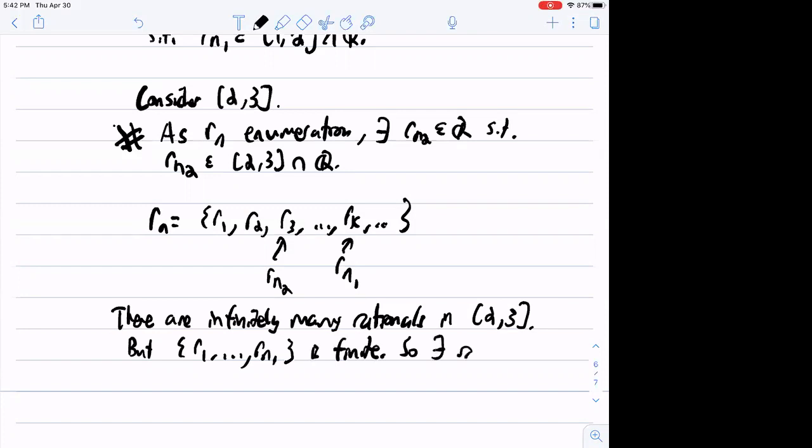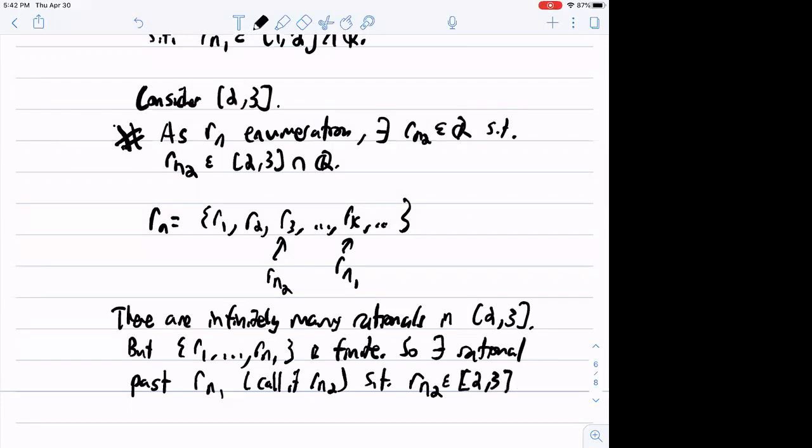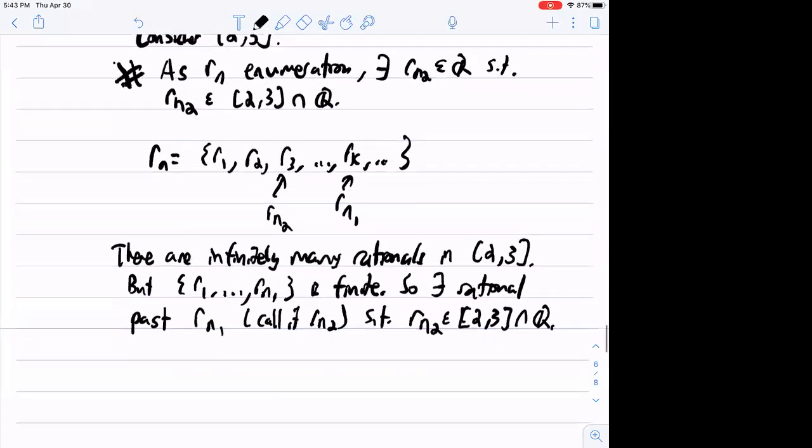So there exists a rational past r_{n_1}, by past I mean in the ordering, call it r_{n_2}, such that r_{n_2} is in (2, 3). You need this additional argument of infinite versus finite. And then so on and so forth.